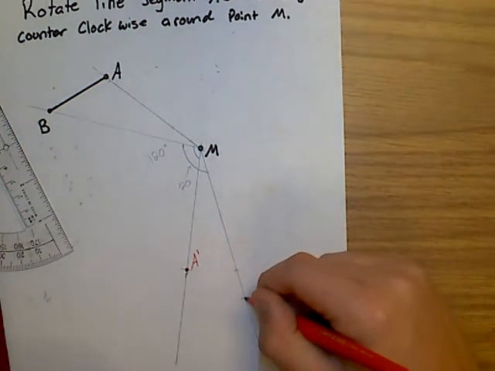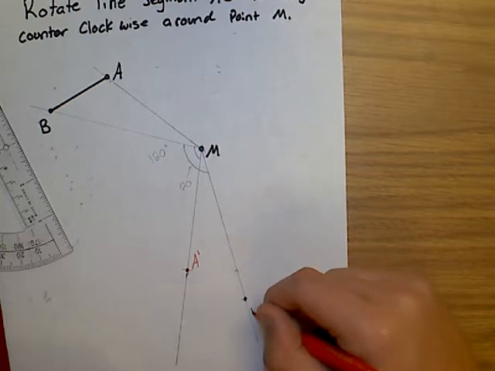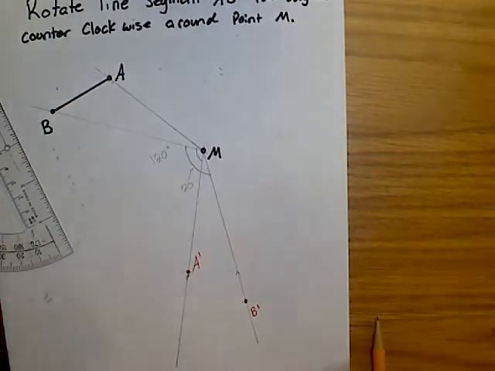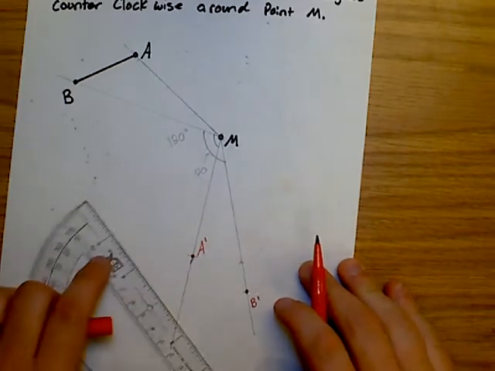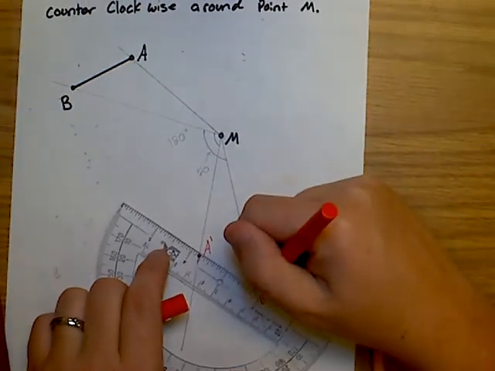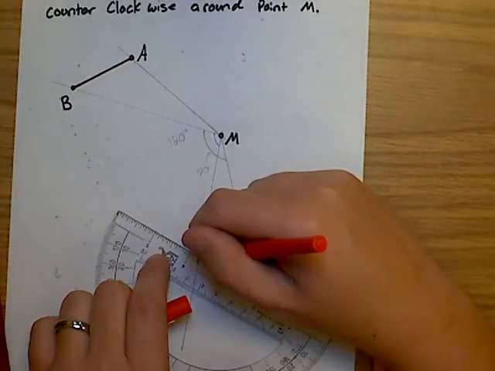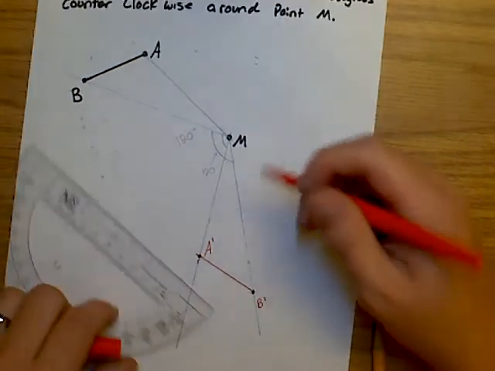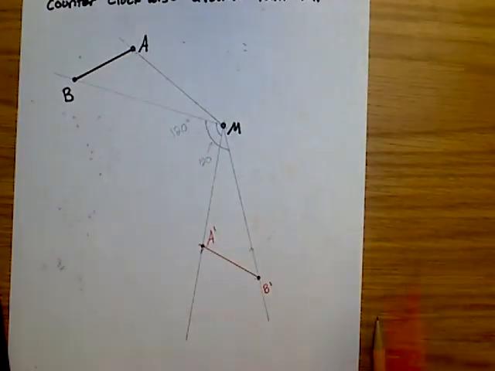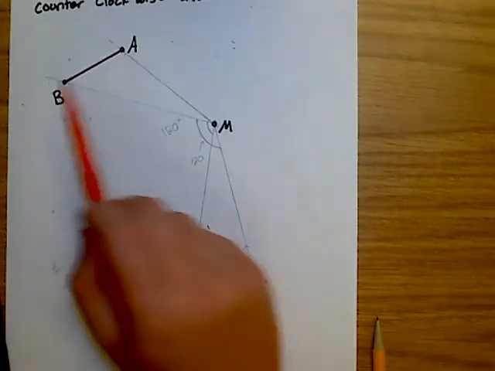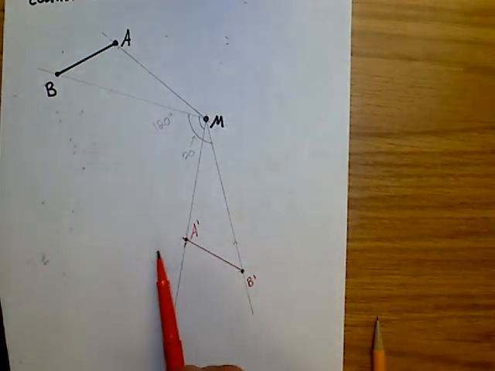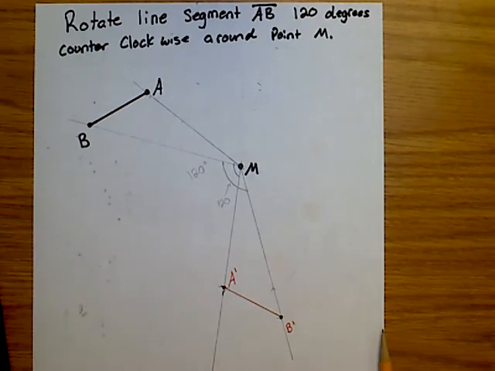Then I will mark my new point in red, label this B prime, take my straight edge, connect the two dots, and now I've just successfully rotated line segment AB 120 degrees counterclockwise to make my new line segment.